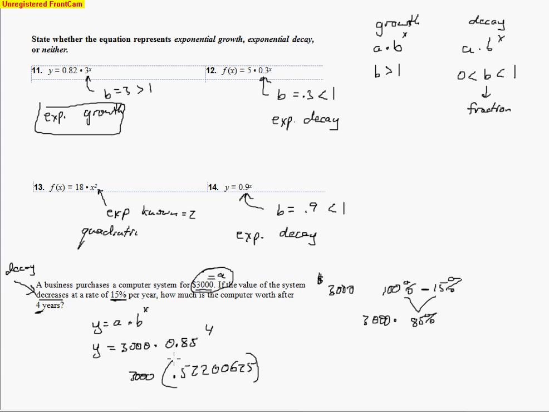And so I times by 3,000, and that equals, I'm sorry, $1,566. And it looks like 2 cents, because I had the 0.01 but then an 8. So I'm going to just round that to $1,566.02. That is the value of the computer after 4 years.